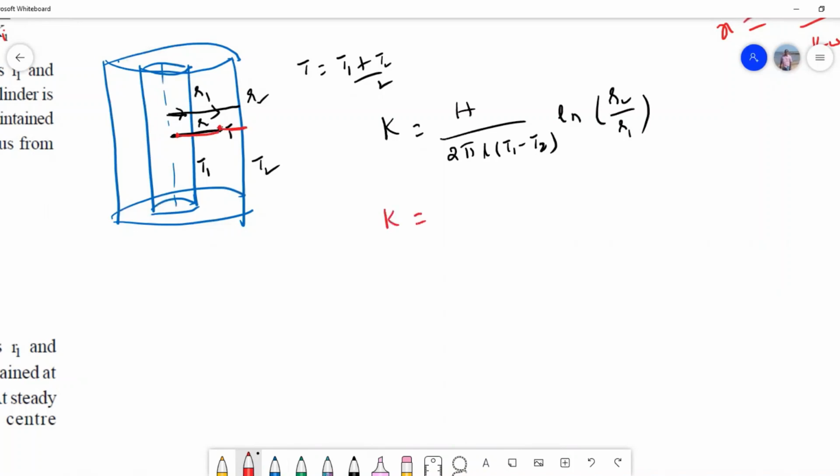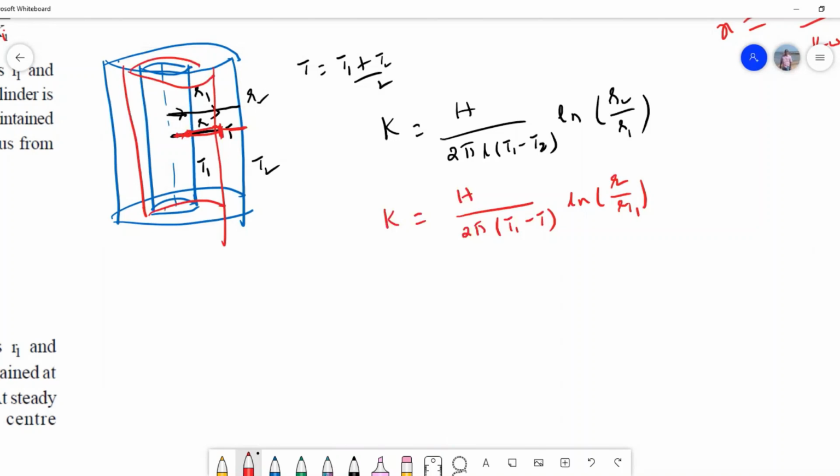For the first one, H is the same, H by 2 pi, and here the temperature goes from T1 to T. So (T1 minus T) upon ln of R by R1, since the radius of this is R and the inner radius is R1. This is a very important step, because you need to measure the radius of this one more cylinder. So for this cylinder, the temperature is T and the radius is R.